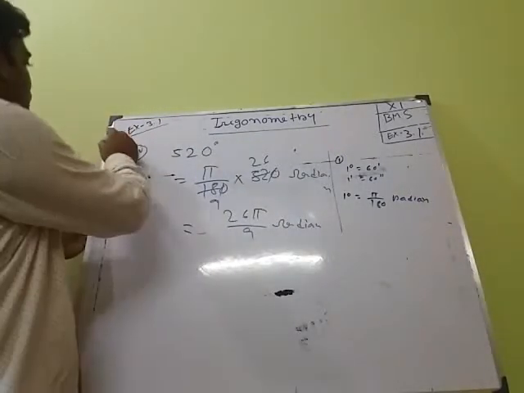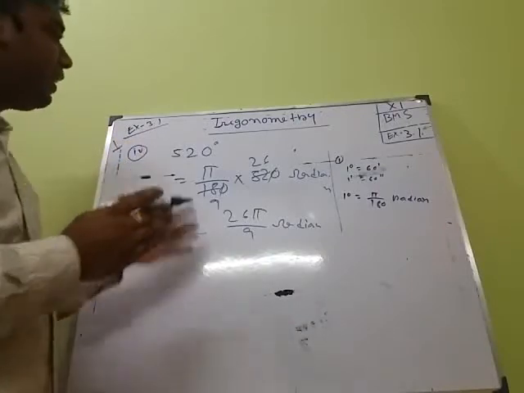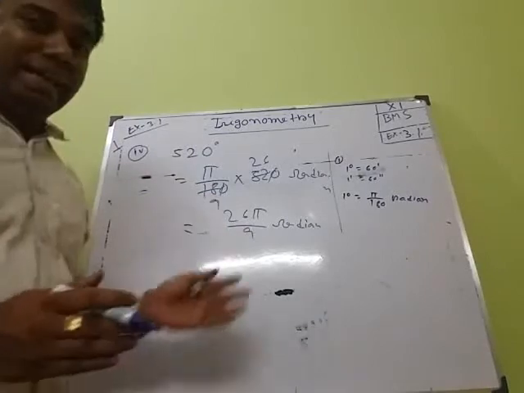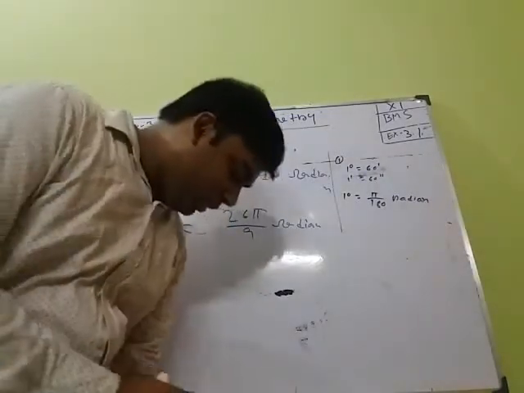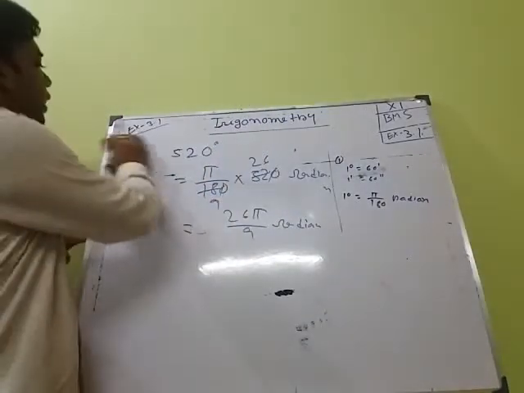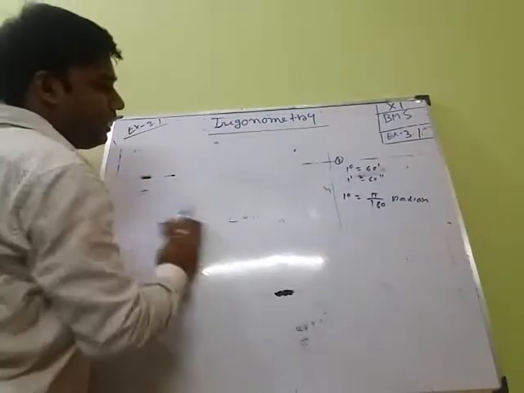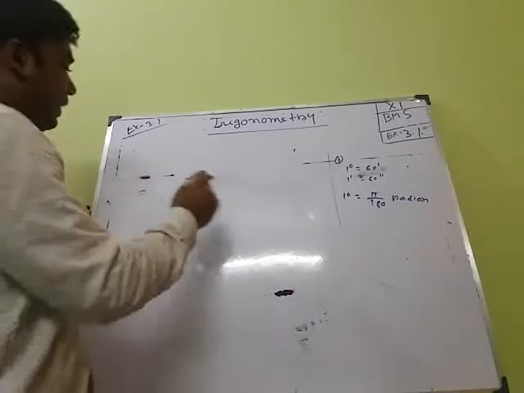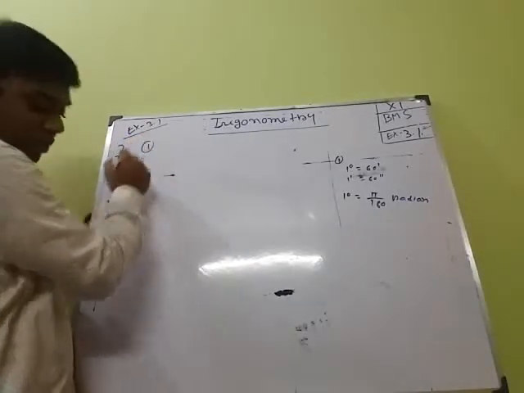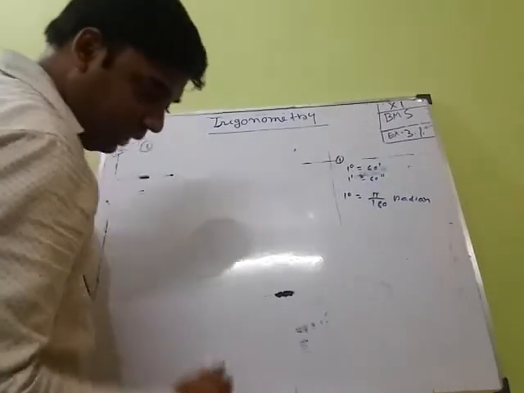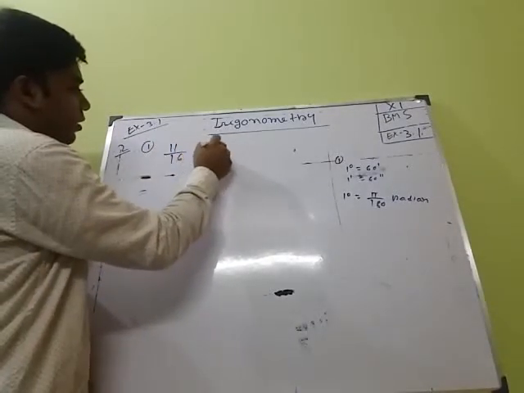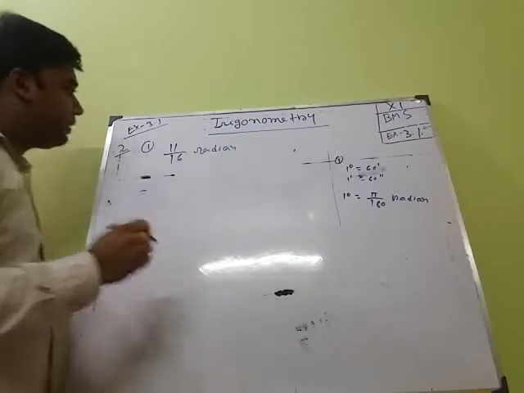Okay, these are the sums. In sum number 1, it is given in degree and we have changed it into radian. Next, in sum number 2, the opposite: it is given in radian and we have to change it into degree. The first sum of 2 is 11 by 16 radian.